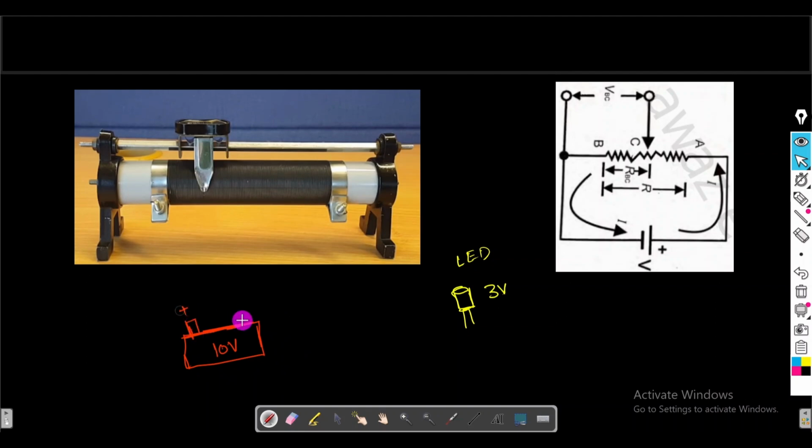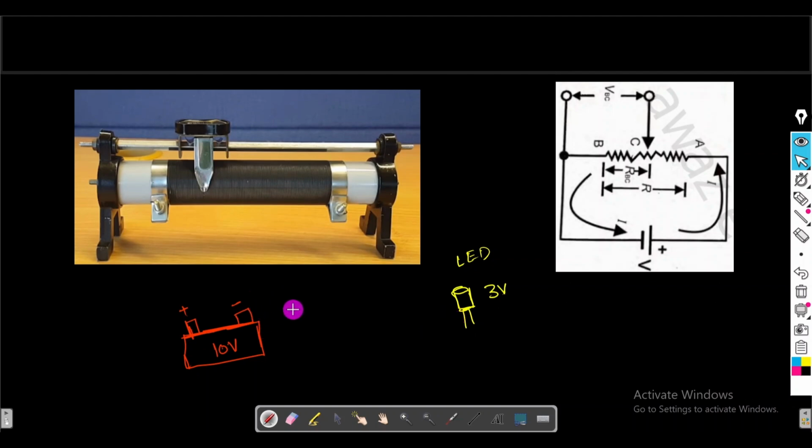This is the positive terminal and this is the negative terminal of that battery, and we have this LED which requires only 3 volt, and we have a 10 volt battery. So what will we do with this battery in order to reduce its voltage to 3 volt for this LED?